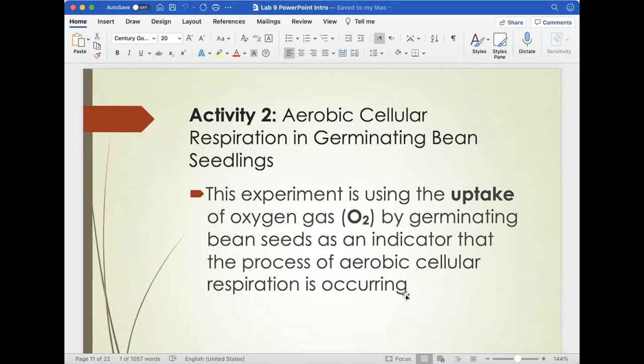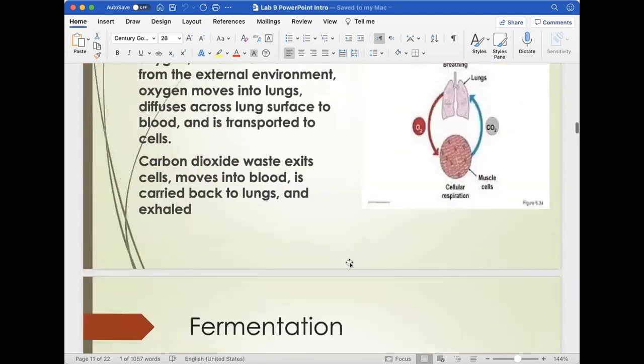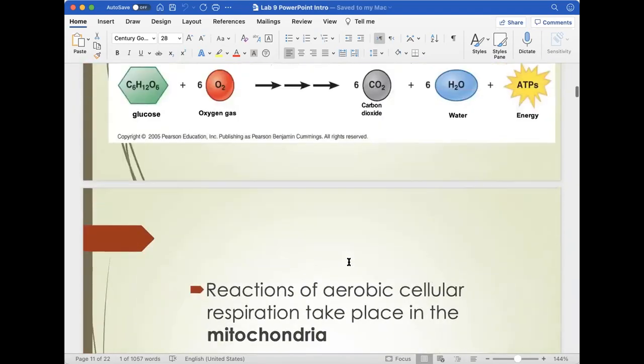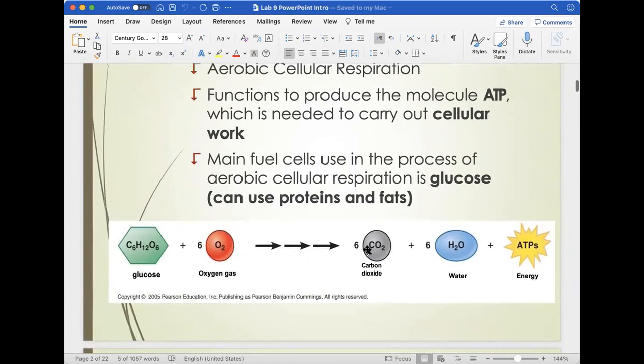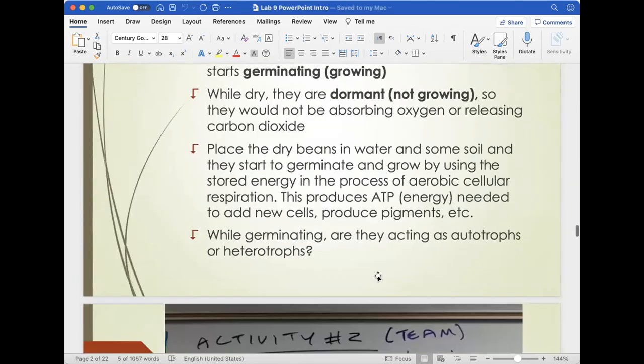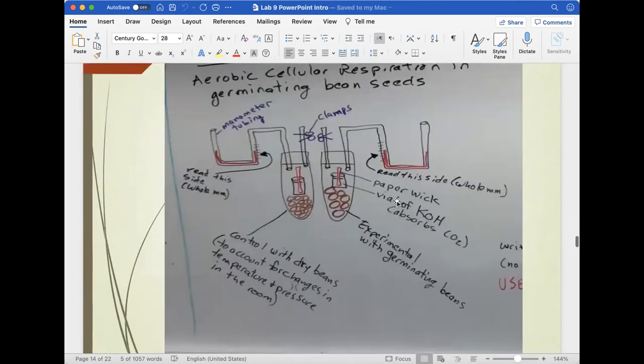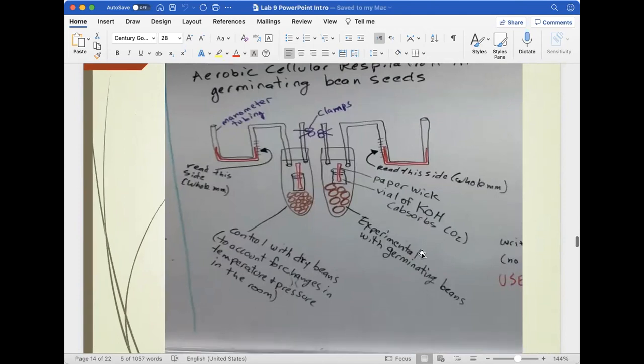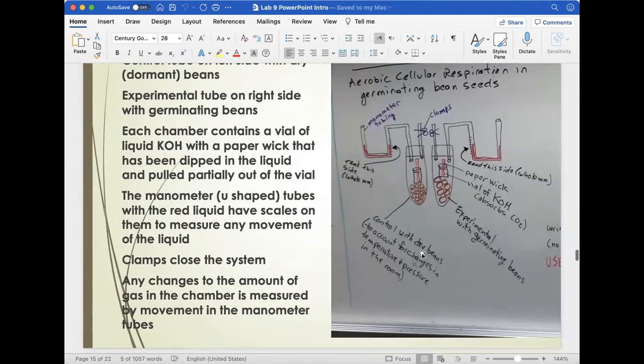And remember, in aerobic cellular respiration, if we go way back up to the first slide, we see that carbon dioxide is produced, water, and energy. So this carbon dioxide that will be produced from our germinating seed plants will be absorbed by this paper wick in the vial of KOH. So that'll be absorbing the carbon dioxide.